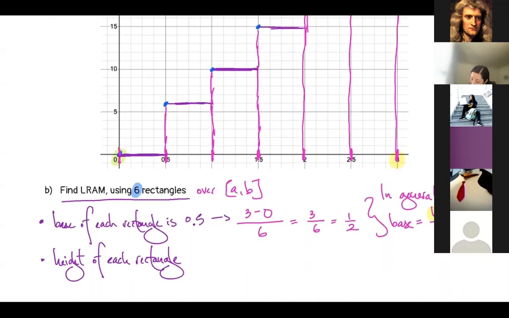So we found the height of each rectangle, and let's list them out. 0, 6, 10, 15, 18, and 19. Okay, so 0, 6, 10, 15, 18, 19.